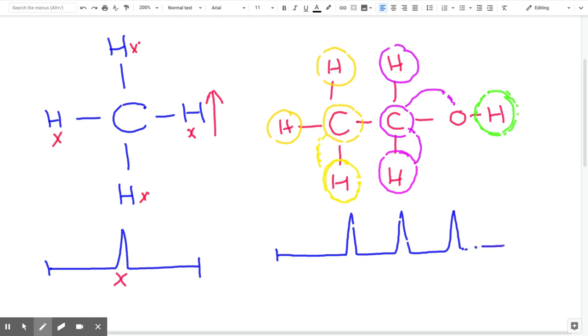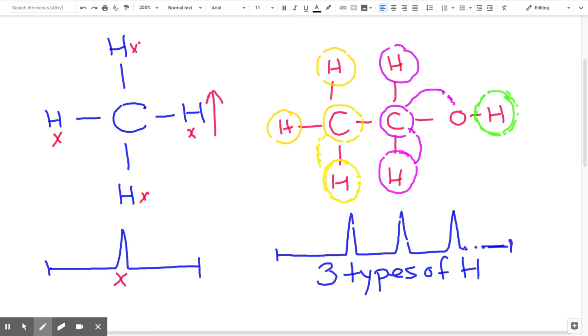I'm not putting any higher level complexity onto this spectrum. This is a purely simplistic spectrum to indicate the presence of 3 different types of protons. That is all I'm saying on this one. There are 3 types of hydrogen. I'm not going to assign any of the peaks to a specific proton at this stage.